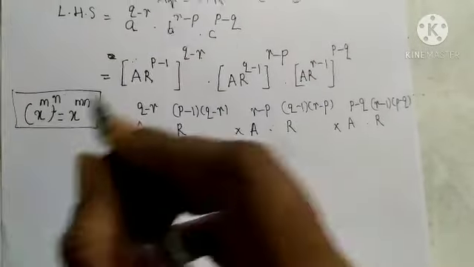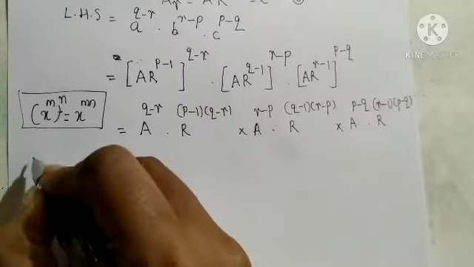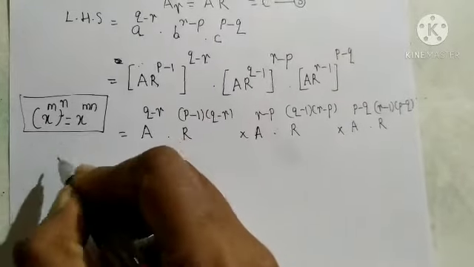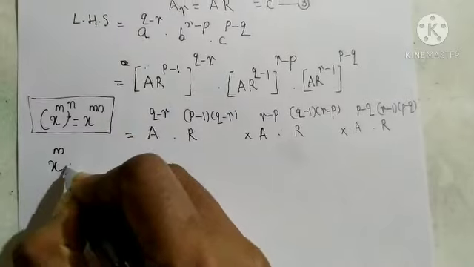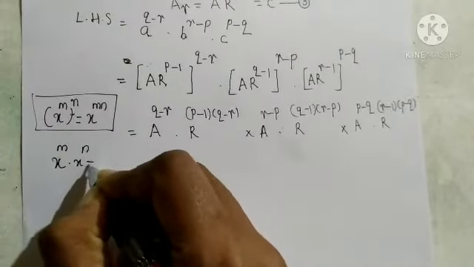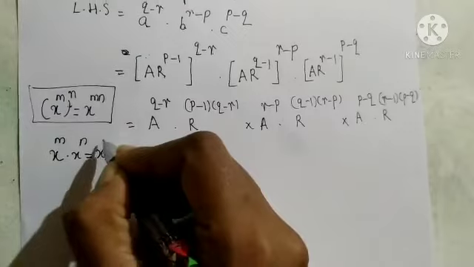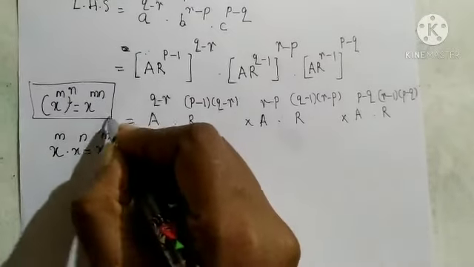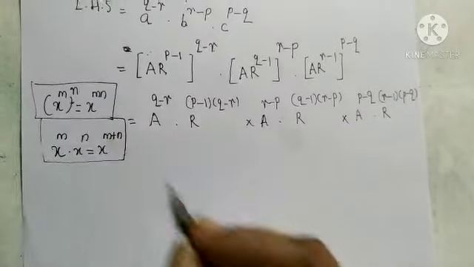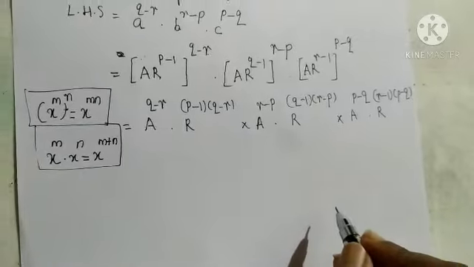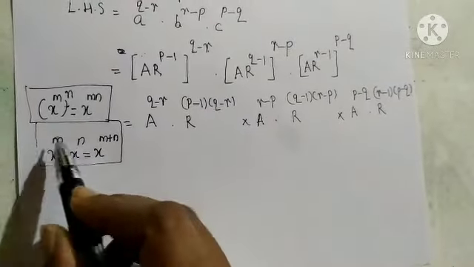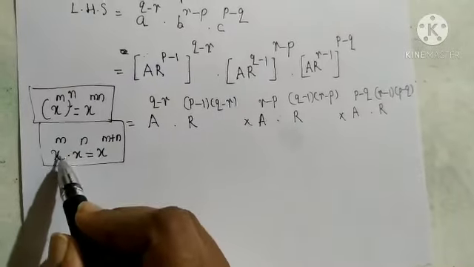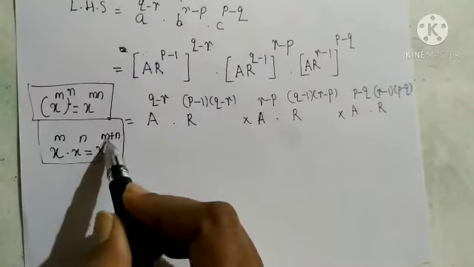Next I'm going to use another law of exponent, x raised to m into x raised to n can also be written as x raised to m plus n. Okay, so using this, here the base is the same, right? The power is different. So here we get x raised to m plus n.